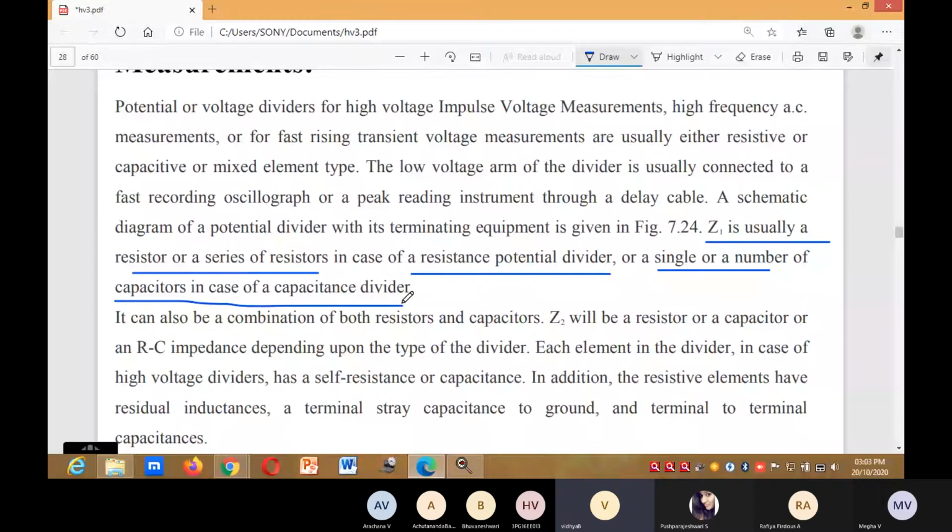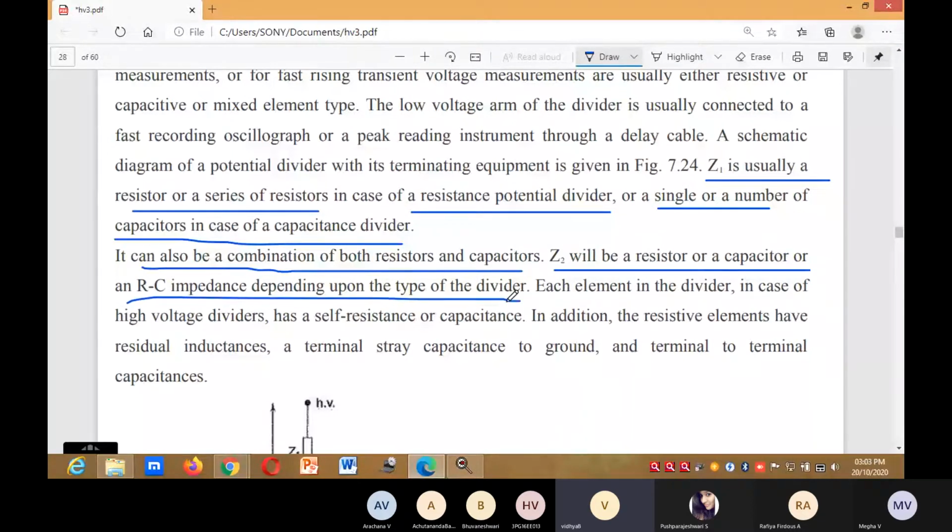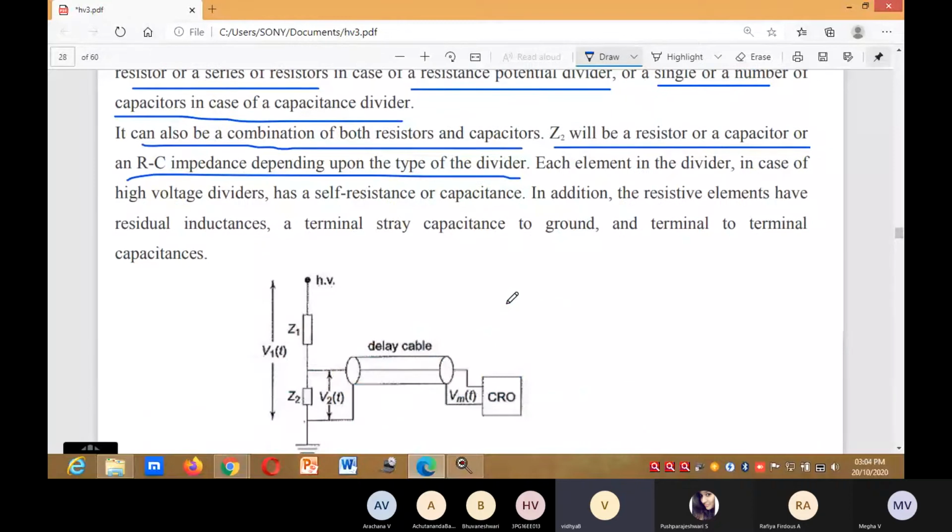It can also be a combination of both resistors and capacitors. Z2 will be a resistor, capacitor, or an RC impedance depending upon the type of divider which we choose.